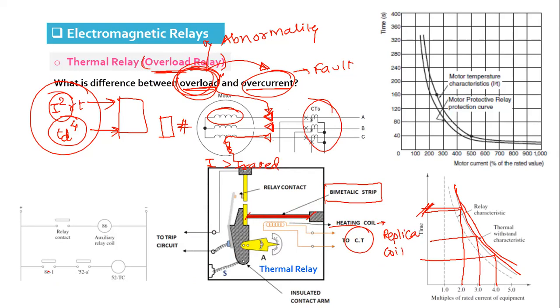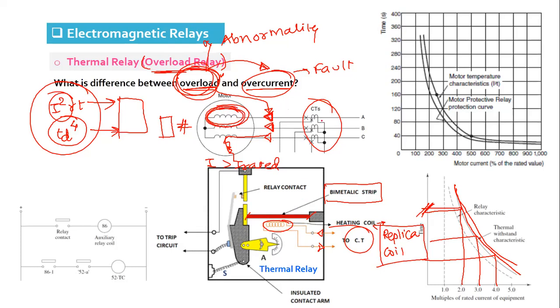When the equipment draws current, the same current, although stepped down, will pass through the heating coil. The coil is designed in such a way that it will generate the same heating effect as is developed in the winding, and that is why the name replica coil is given. It will generate a heating effect very similar to that in the winding.